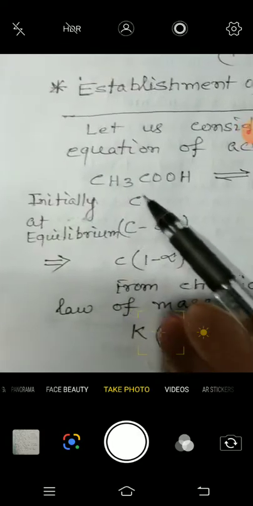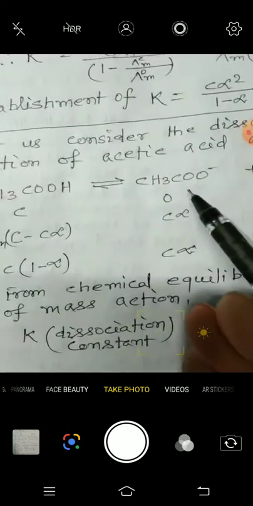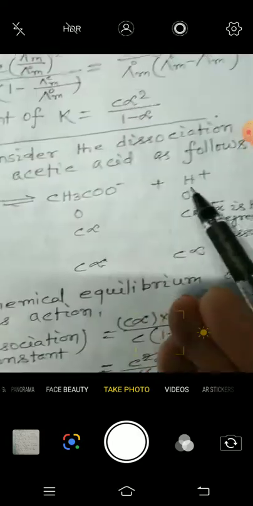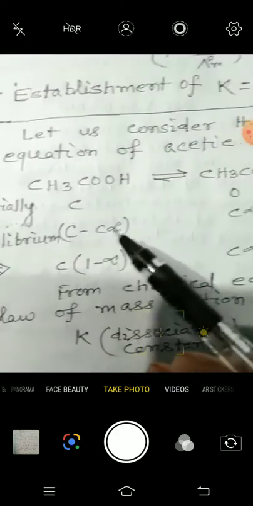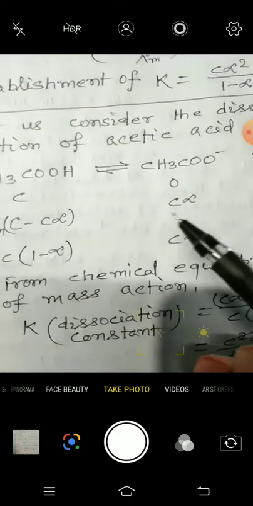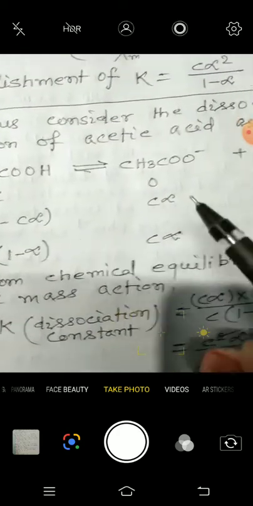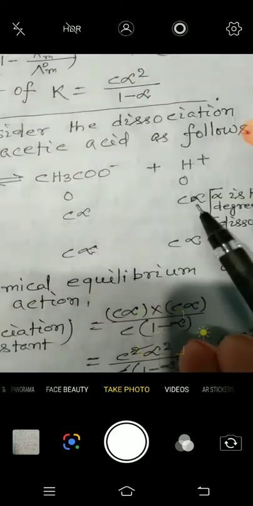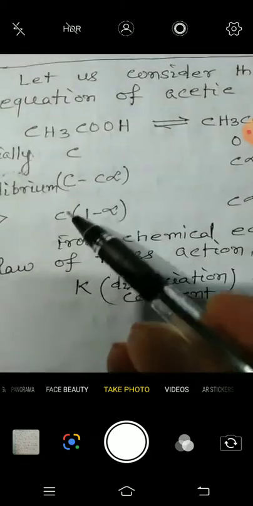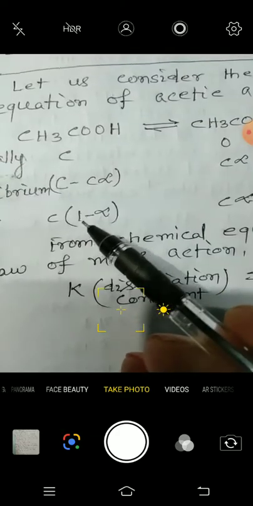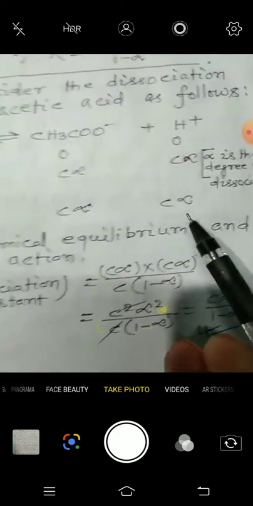Initially its concentration is C, but the products are 0. At equilibrium its concentration becomes C minus C alpha, where alpha is the degree of dissociation, and the products become C alpha each. Taking C common, you get C into 1 minus alpha, and C alpha and C alpha.